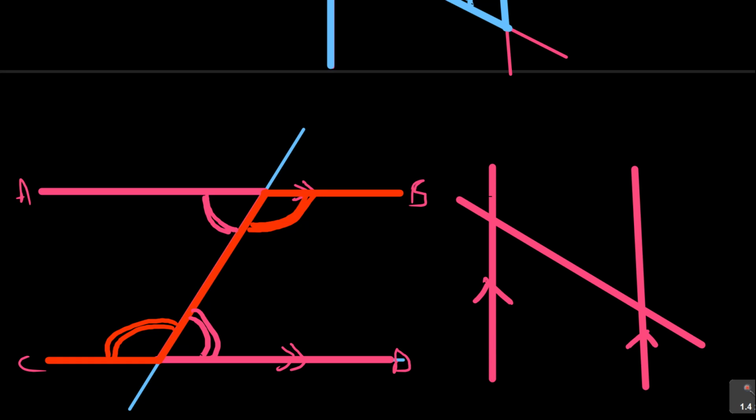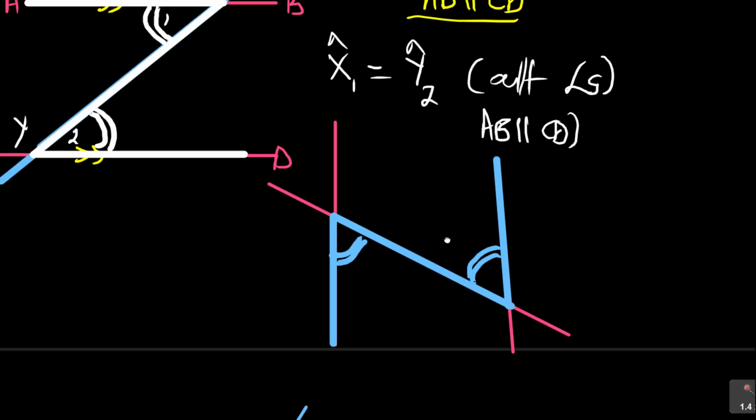I can have that, and that, meaning that angle and that angle, they form like a kind of an N. They are alternate also. Why? Because we said this angle was alternate to that angle. So these are the alternate angles that you can bring about.